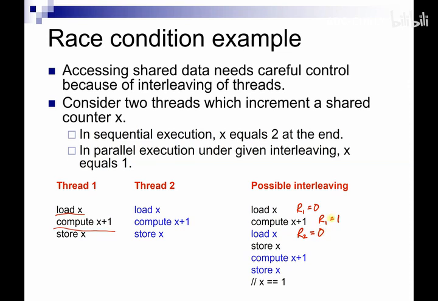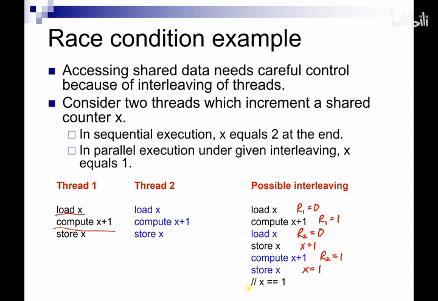Next, let's say we go back to thread 1. It stores the data from R1 back into memory, so now x equals 1. Then we go back to thread 2, and it increments the value of x in its register, so now R2 equals 1. Then it writes back the value of R2 to memory, and so x is at the end going to equal 1, because thread 2 is writing back the value 1.